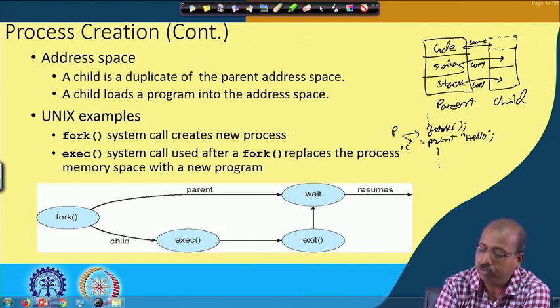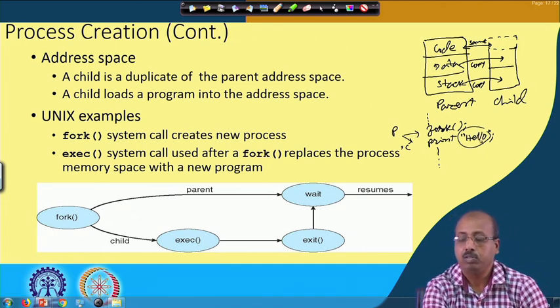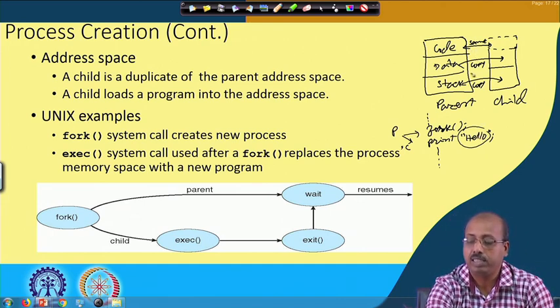Since the parent will continue, the parent will print this hello to the screen, and since the child is also using the same address space as the parent, the child will also execute the code and print the hello. As a result, this hello will be printed twice. So, this code part is shared.